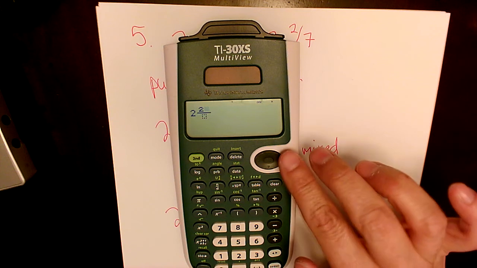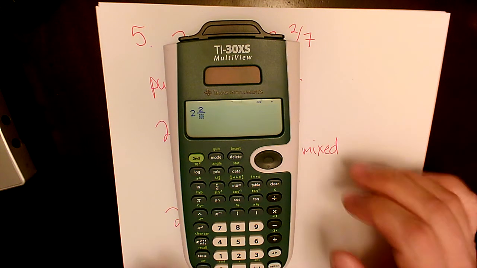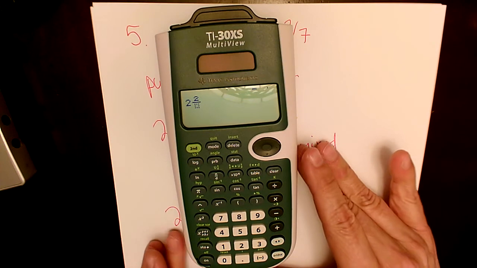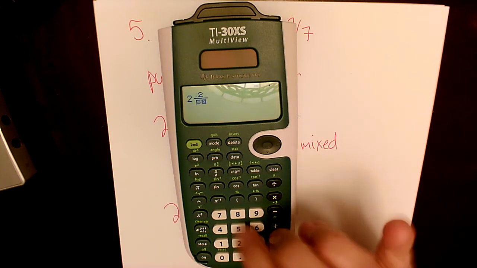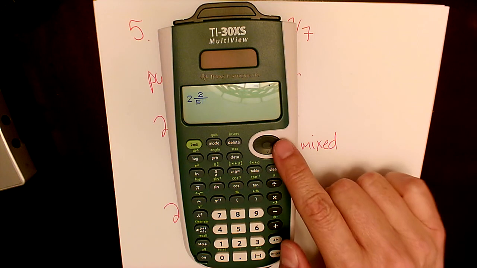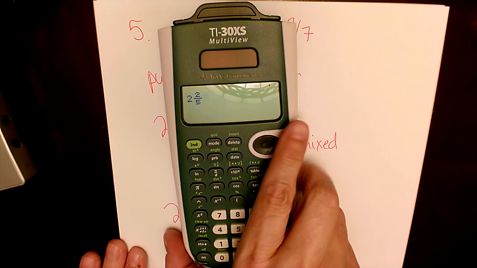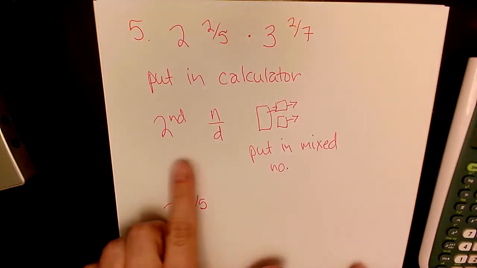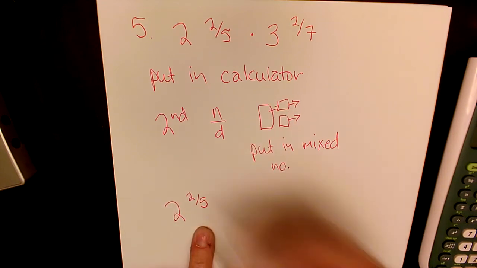Another arrow is going to come up, and again, far right. And then it's going to go down, and you're going to put in 5 for 2/5. And then you're going to hit that same arrow, far right, and we've got 2 and 2/5 in. Okay, so that was second, n over d. Put in your mixed number.